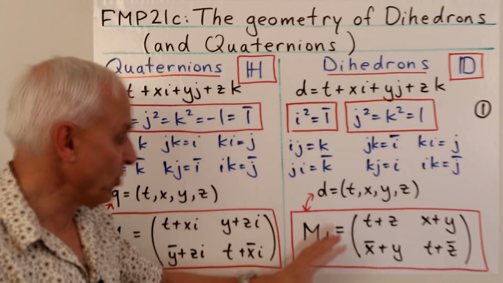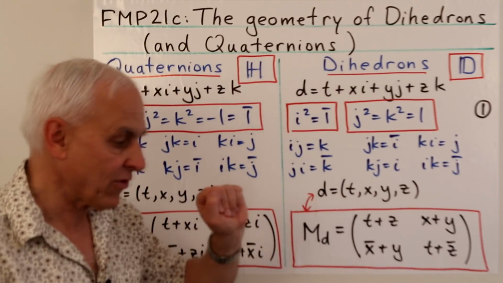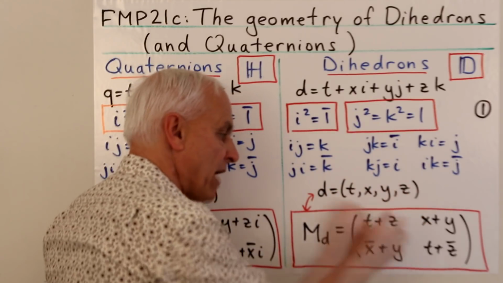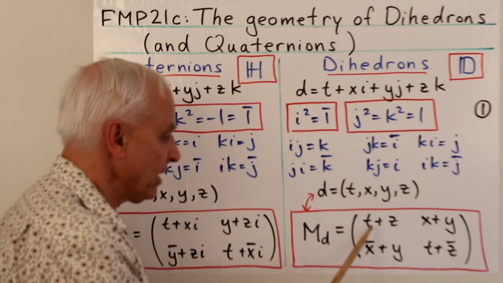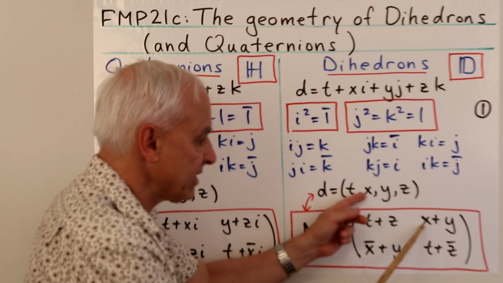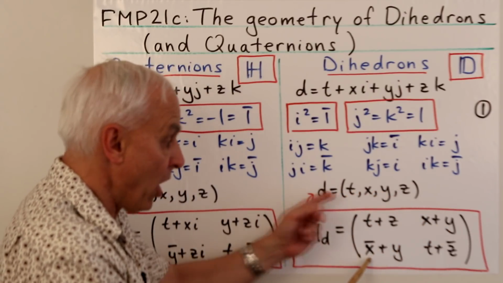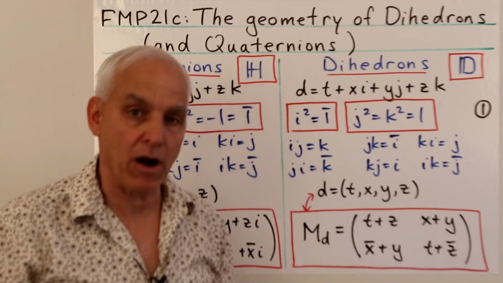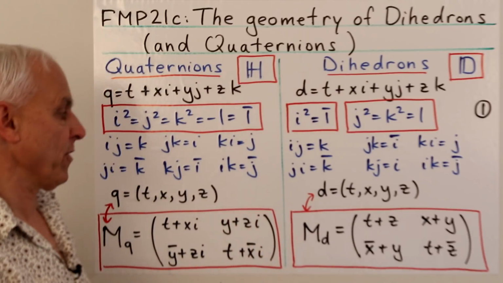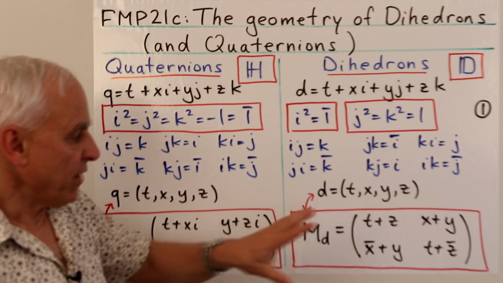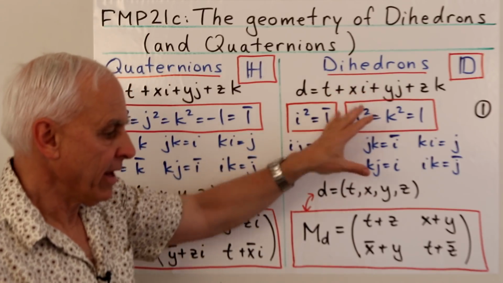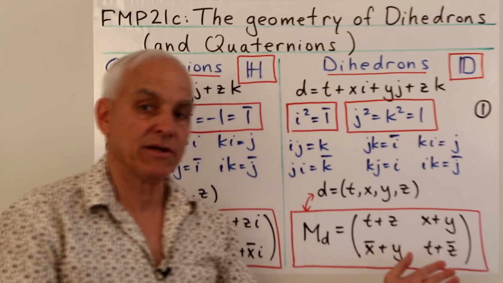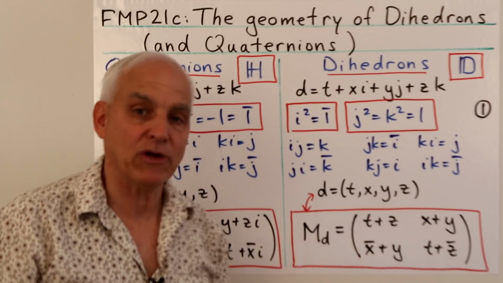And the way we do it is we represent this dihedron, which is a kind of abstract thing, by the very explicit 2x2 matrix with entries t plus z, x plus y, x bar plus y, so it's like minus x plus y, and t plus z bar, or t minus z if you prefer. Then the algebra encoded here is automatically captured in the matrix algebra of these 2x2 matrices.